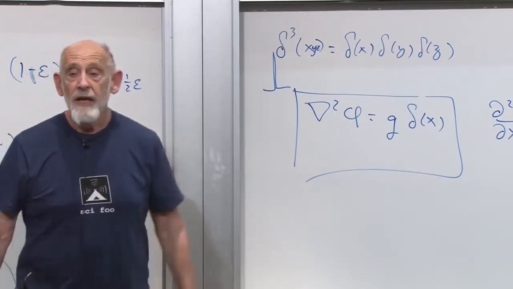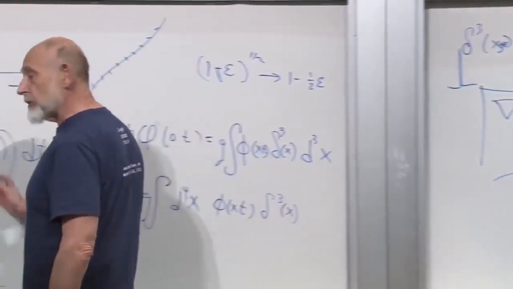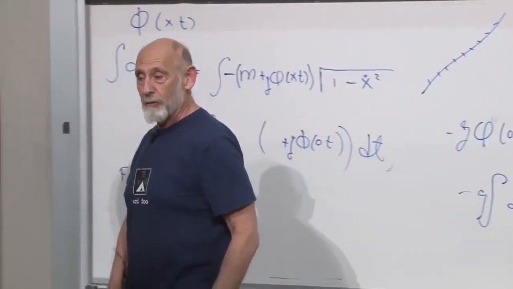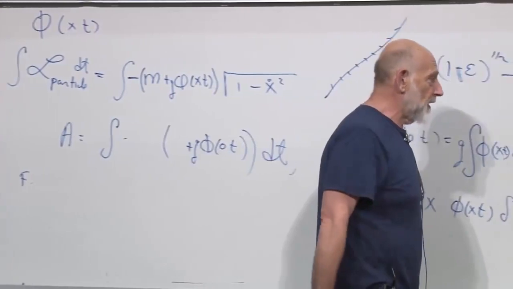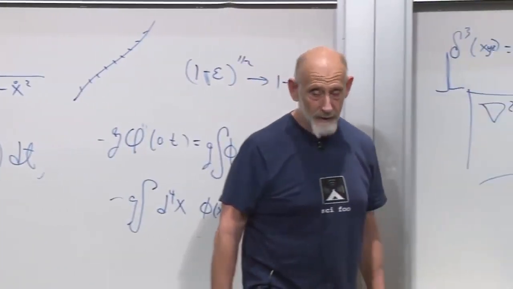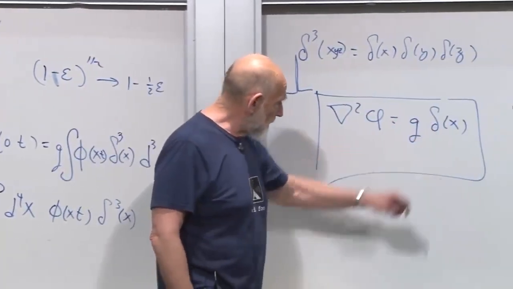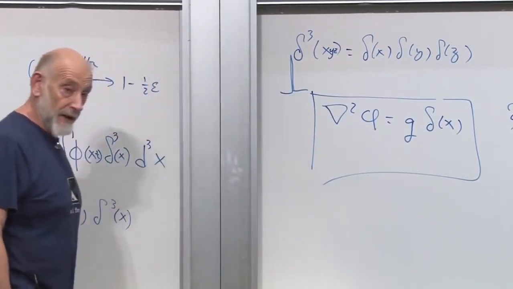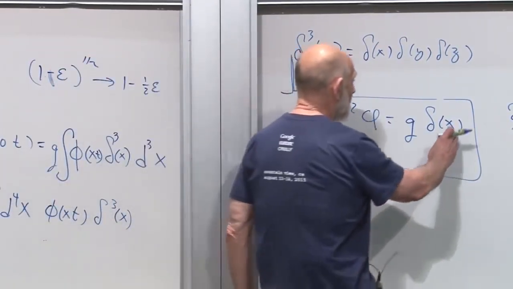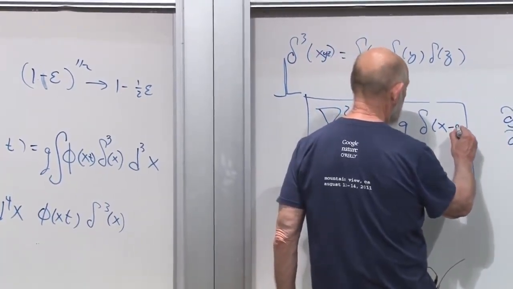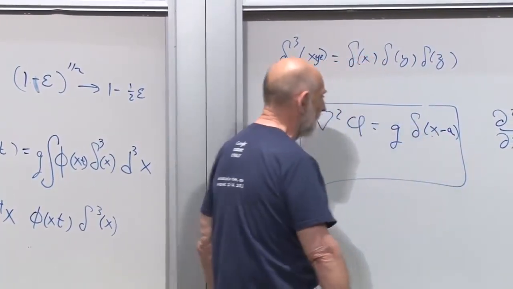Simple equation. Supposing I wanted to put the particle someplace else. I didn't want to put it at the origin. I wanted to put it at x equals a. What would I do here? How would I change it? Delta of x minus a. Delta of x minus a has its spike when x is equal to a.